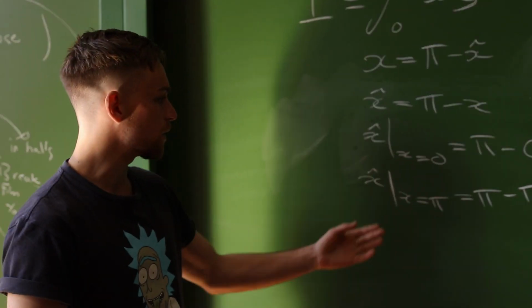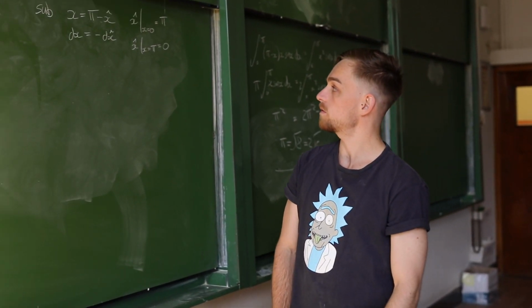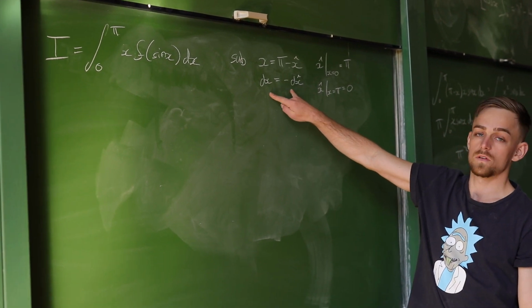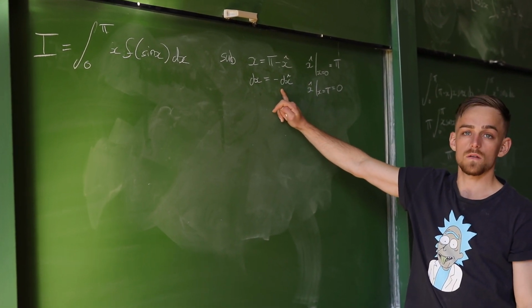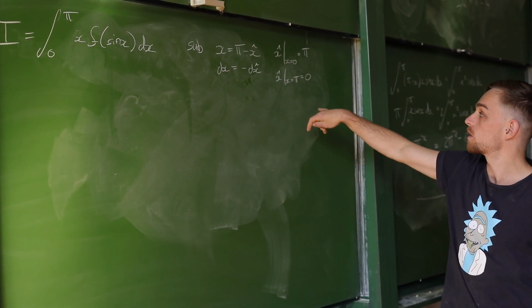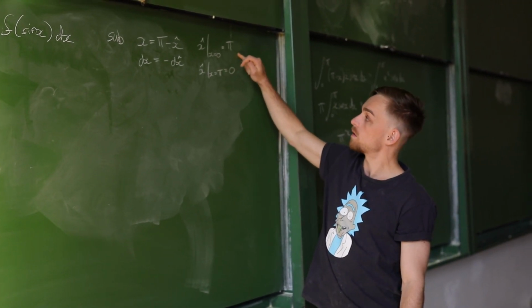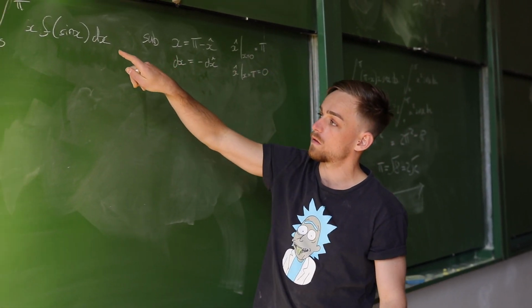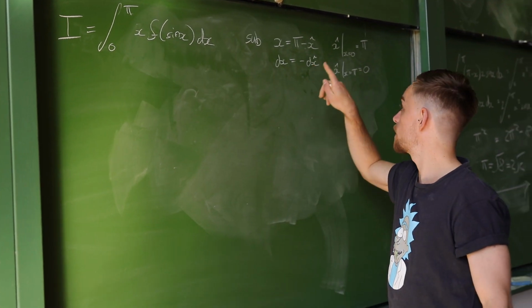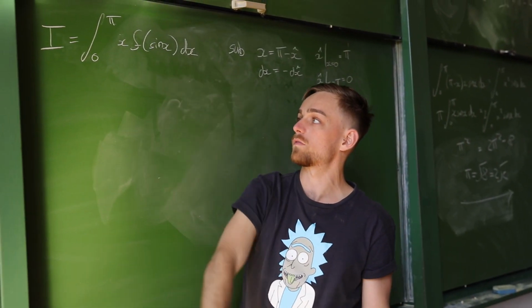It's 0. So we have our new bound. So our transformed integral will have a negative dx at the end because of the changed ratio. And our new bounds will be pi where 0 previously was and 0 where pi previously was.